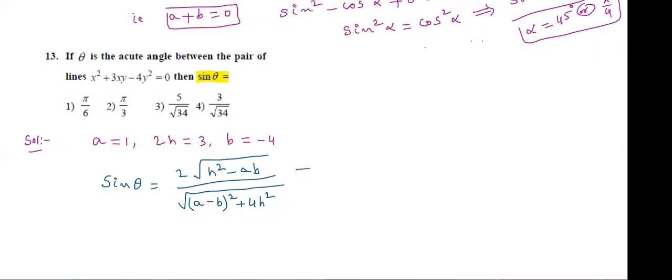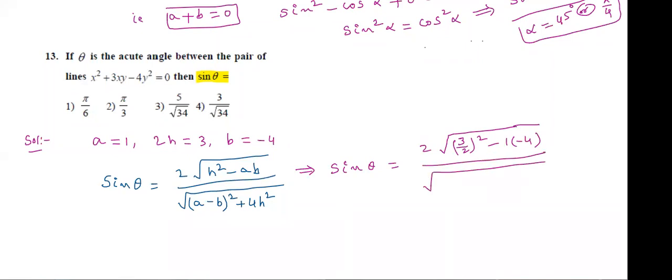Now substitute those values here. Sine theta is equal to 2 into under root h square, h means 3 by 2 whole square, minus ab. a is 1, b is minus 4. Divided by under root a minus b whole square, 1 minus of minus 4, whole square.